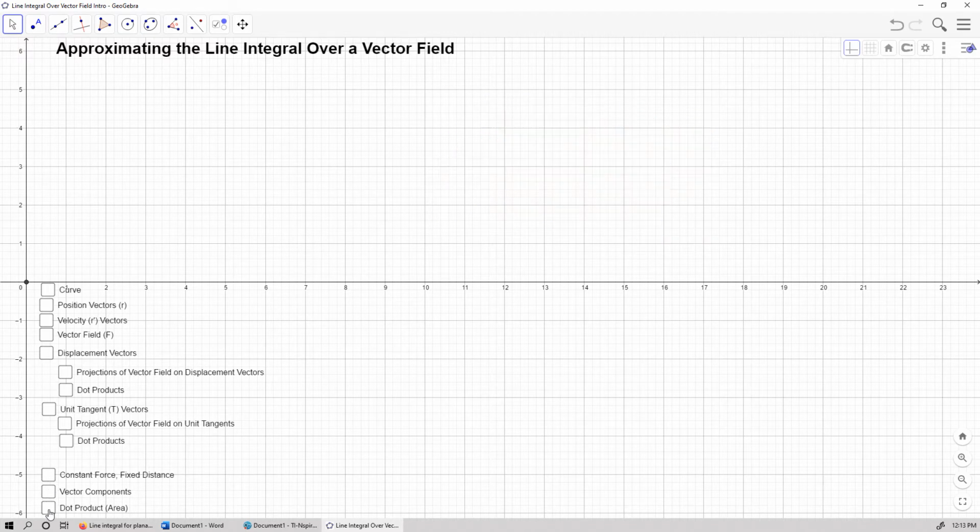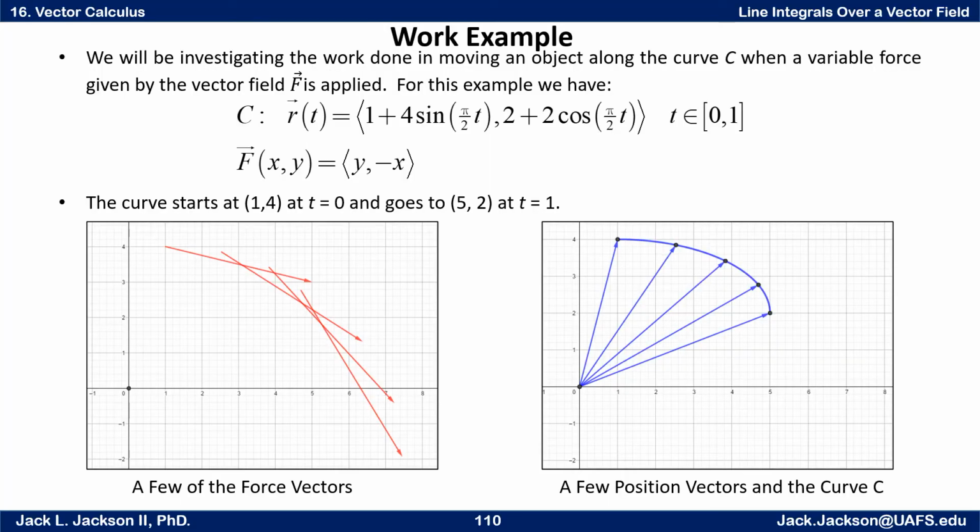Okay, so throughout this video actually, we're going to be looking at a specific example, and here is the example that we're looking at. We're going to be investigating the work done in moving an object along a curve when a variable force is acting on it, and the force vectors are different depending on which points we're at.